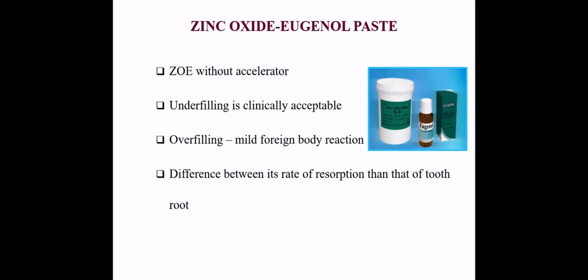So sometimes a mild foreign body reaction can occur. Sometimes the child can complain of pain or something like that. Okay, then there is a difference between the rate of resorption, because the rate of resorption of the root of the tooth is much higher than that of the resorption of the zinc oxide eugenol.